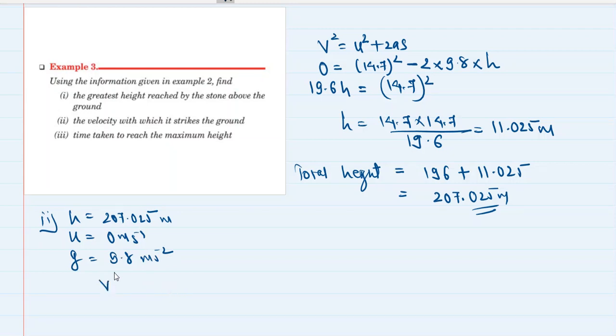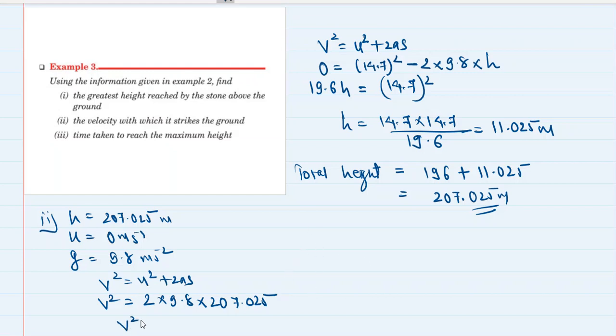So we can definitely find the maximum velocity. We'll again use v square is equal to u square plus 2as, where final velocity is not known, u is 0, so u square will be 0, so this will be 2 multiplied by 9.8 multiplied by 207.025. Okay, so we get over here 4057.69.